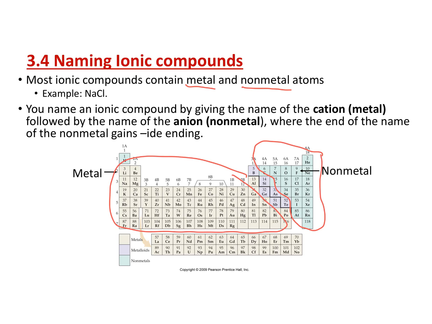You name an ionic compound by giving the name of the cation, right, the metal. Metals are always going to lose electrons. They're always going to be positive. Our nonmetals are always going to gain electrons, so they're going to become negative. So you name an ionic compound by giving the name of the cation, followed by the name of the anion, and you're going to drop the ending of the anion and replace it with IDE.